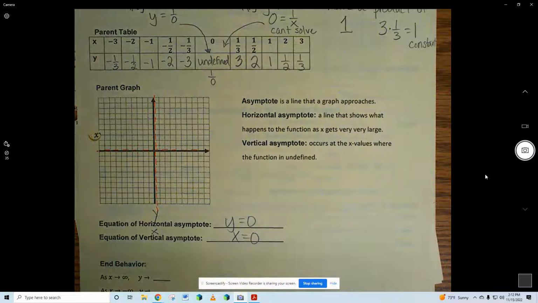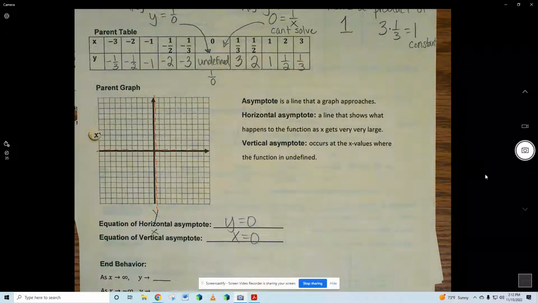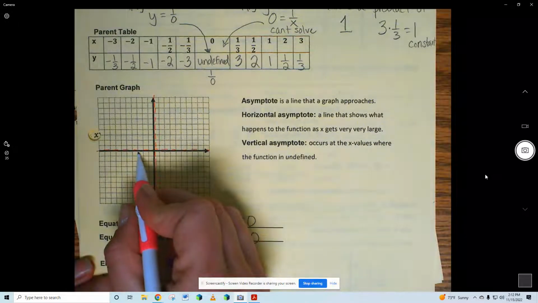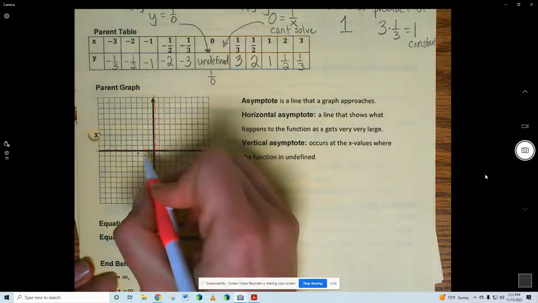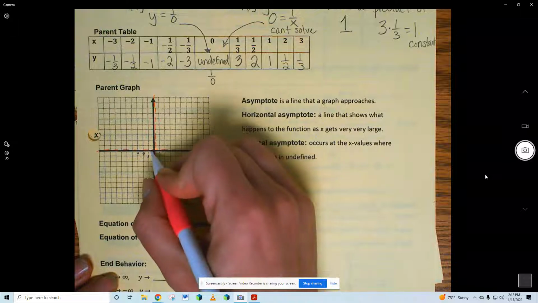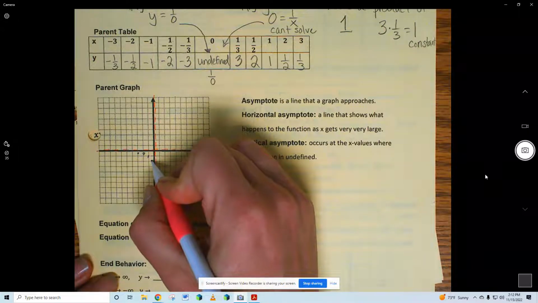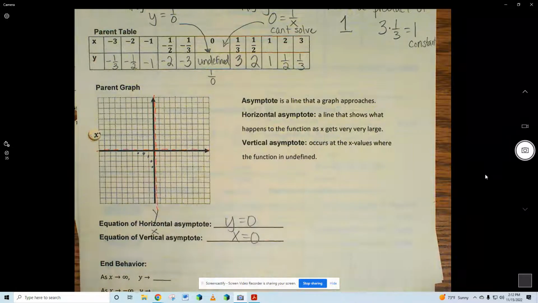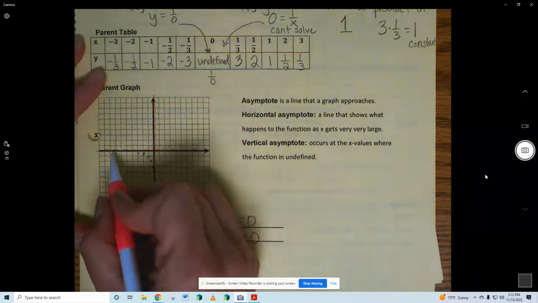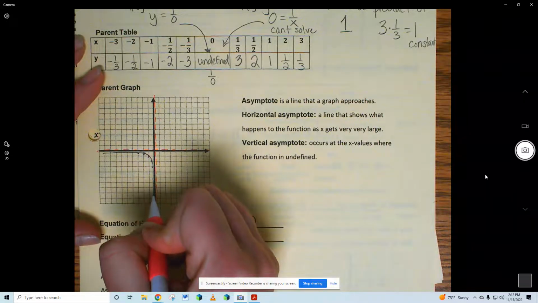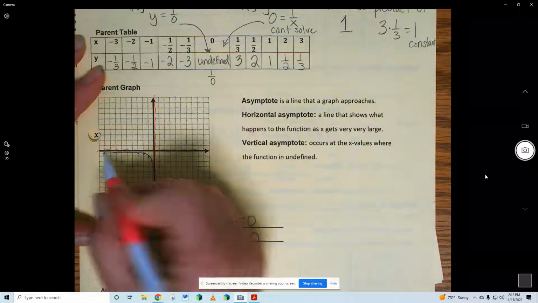Now we're going to go ahead and graph all these ordered pairs. -3, -1/3. -2, -1/2. -1, -1. -1/2, -2. So it gets super close to my red dotted line, my asymptote, but it never touches and it never crosses. And I'm just doing my best to show you what that would look like.